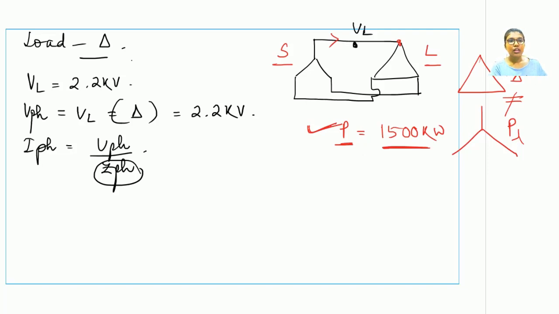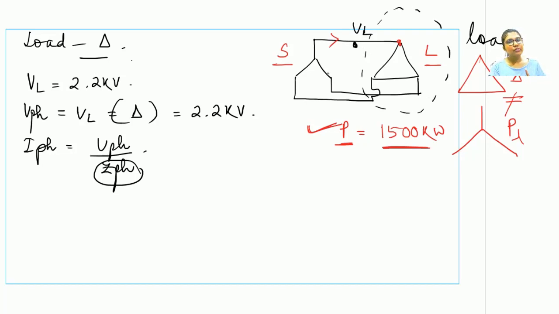Why is it so? Because in the previous questions, it was only the load structure which was changing. The load was earlier in delta or in star and it was getting converted to star or delta. It was always this right hand part which was changing.